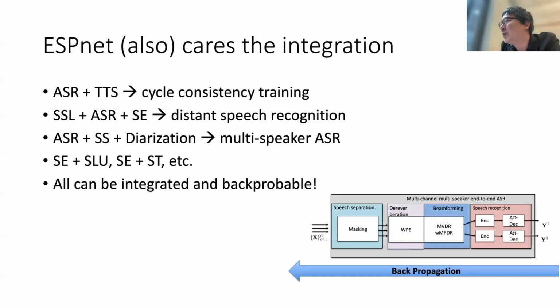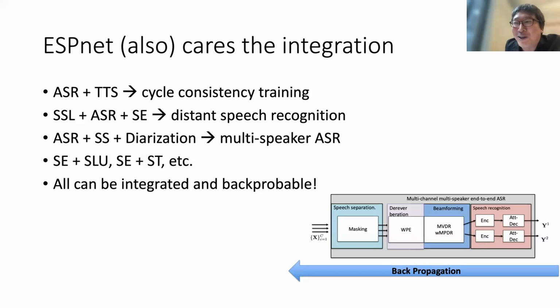Similar to SpeechBrain as well, ESPnet actually cares about integration. Initially, the reason we started TTS was that we had a project to make ASR and TTS jointly trained with cycle consistency training.